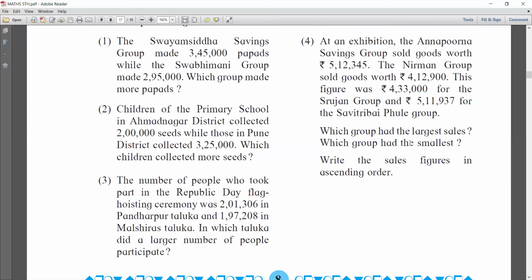And afterwards, what you have to do? You have to write this in ascending order. Okay? I'll show you here on the board. One by one, I will write. Fourth one, okay.